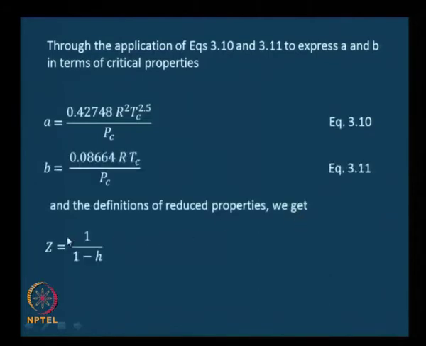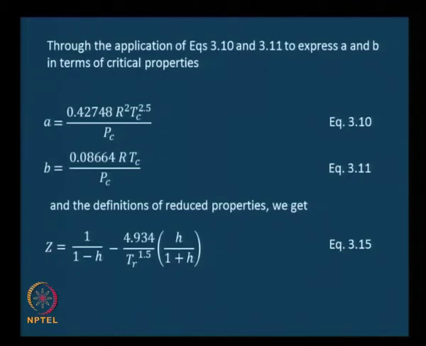then the generalized Redlich-Kwong expression turns out to be Z equals 1 by (1 minus h) minus 4.934 divided by TR power 1.5 into h by (1 plus h). So that is the Redlich-Kwong equation written in terms of reduced properties.